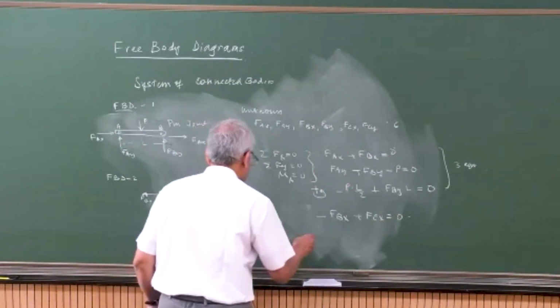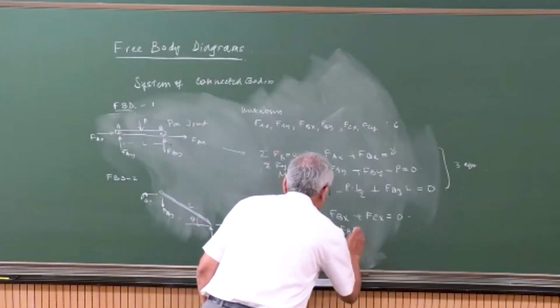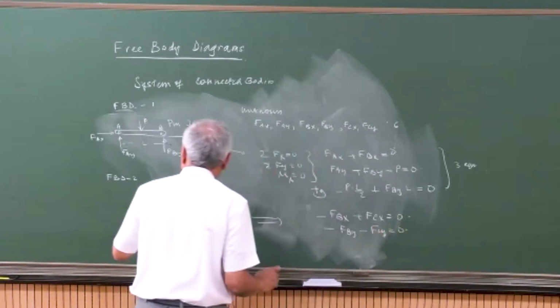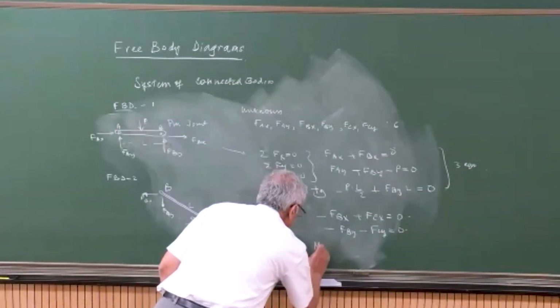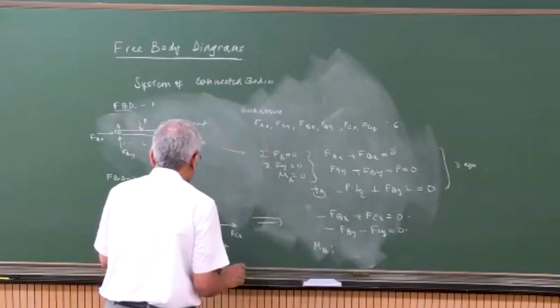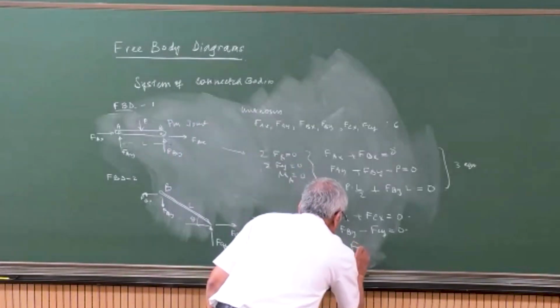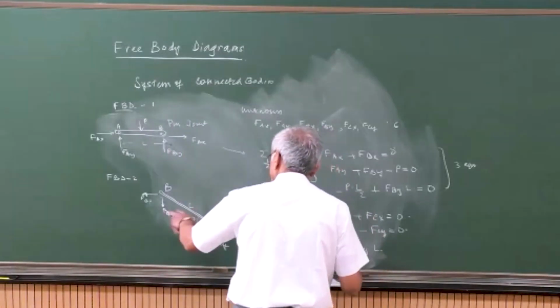So you have Fby, so you can take it about B. So if you take it about B, then you have Fcy L into some cos theta.